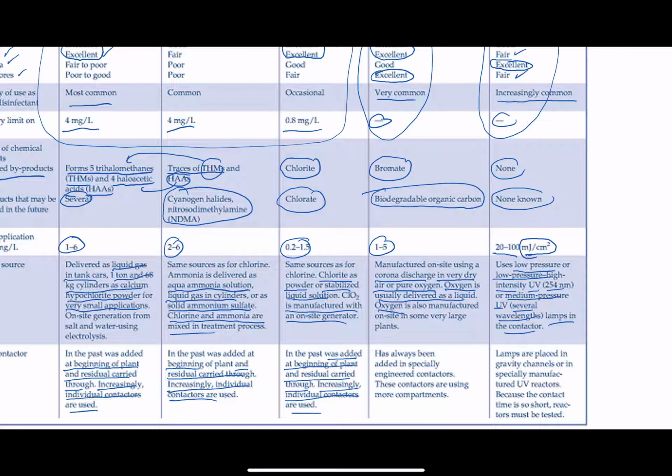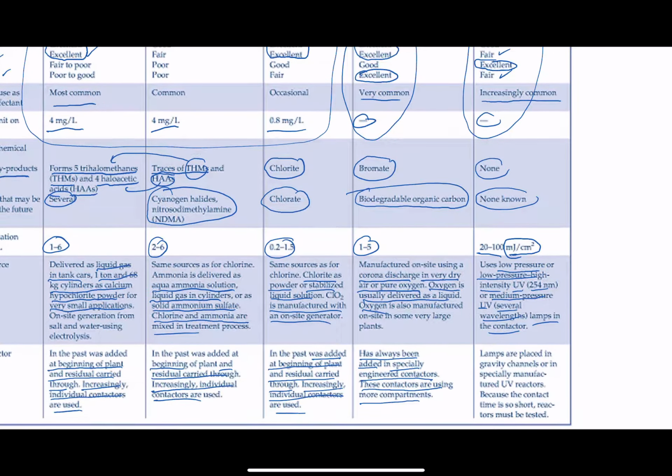Ozone has always been added in specially engineered contactors. These contactors use more compartments. You will see it in a few seconds. The UV lamps are placed in gravity channels or in specially manufactured UV reactors because the contact time is so short. Reactors must be tested.